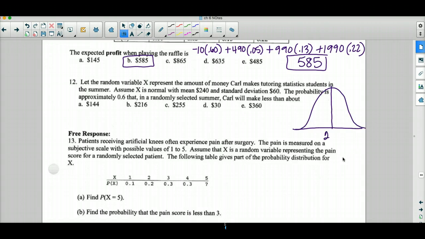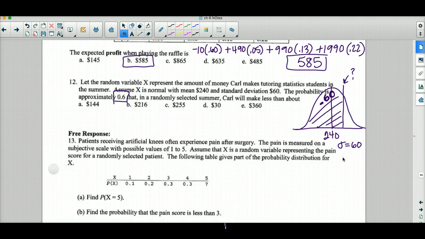So my mean is 240 and standard deviation is 60. And we have a probability of 60%. There's a 60% chance that he will make less than some value. So I have a probability, and I'm told that this is 0.60, but I don't know this measurement.